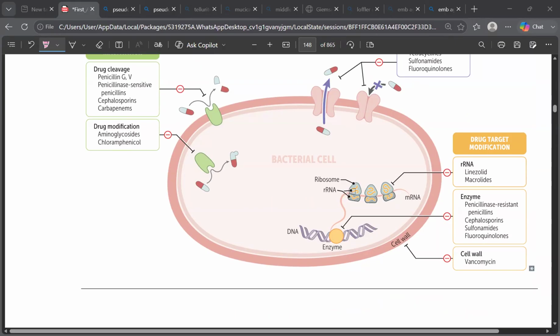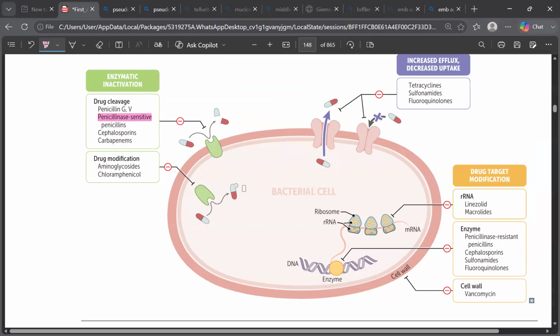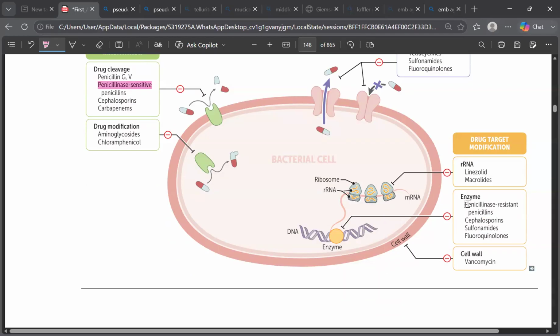Then we have drug target modification. For example, if the drugs target ribosomal RNA, such as linezolid and macrolides, it is inhibited there. If it targets a specific enzyme, for example penicillinase-resistant penicillins, okay, so we have discussed that penicillinase-sensitive penicillins work basically by enzymatic inactivation, but penicillinase-resistant penicillins are modified by the inhibition of the enzyme they act on.